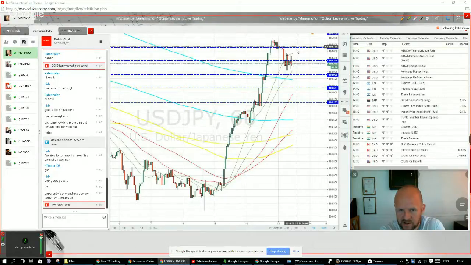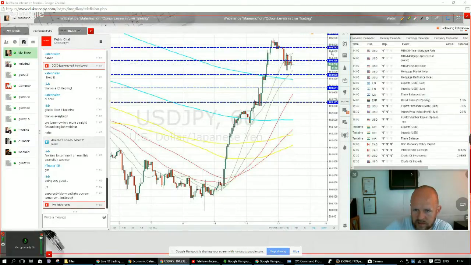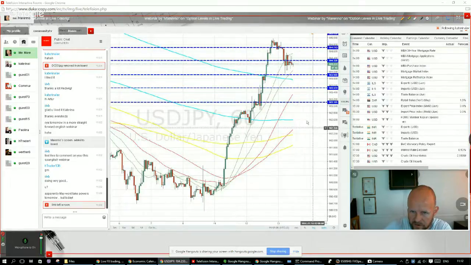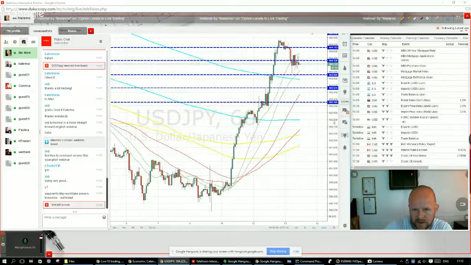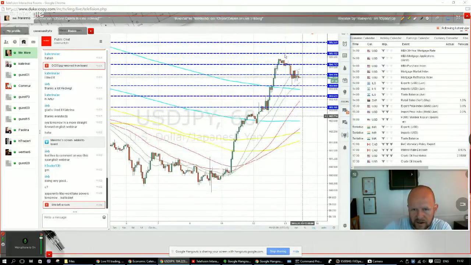What I think we are expecting is a tail or a wick towards the 104.713 area, and then the price will reverse and go towards 103.105 at least.